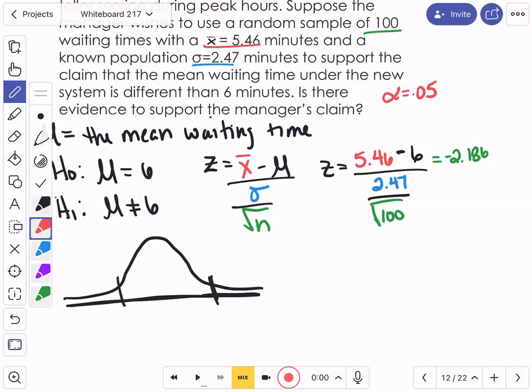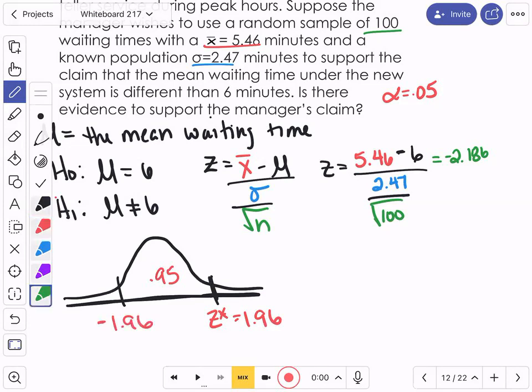So what's the inside here? 95, thank you. The inside is 95%, and the Z-star that corresponds to 95% is 1.96. I also need to look at the other side, which is negative 1.96.